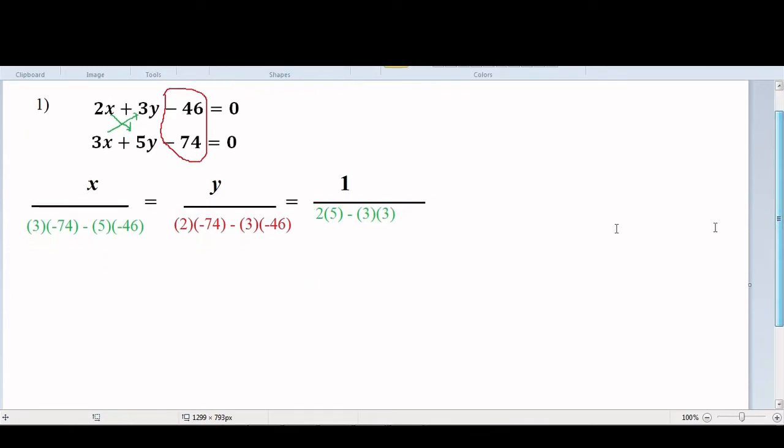Now the next step is to solve the denominators.